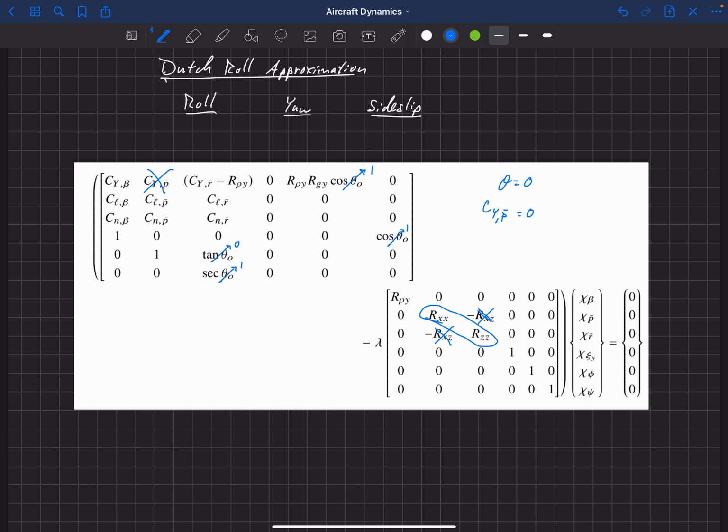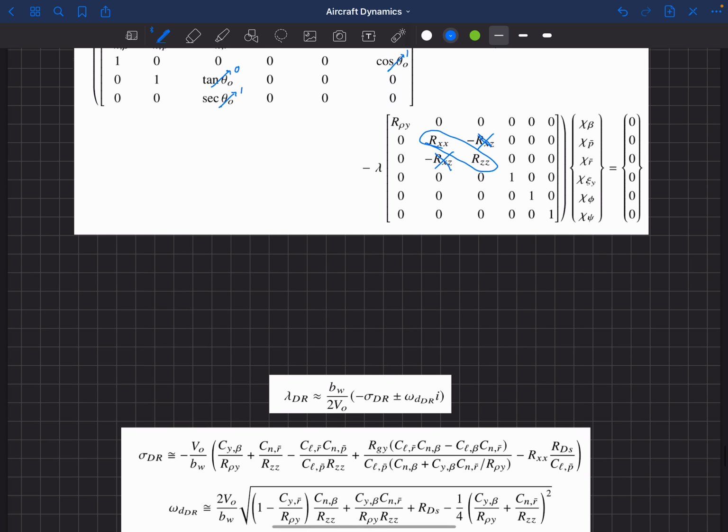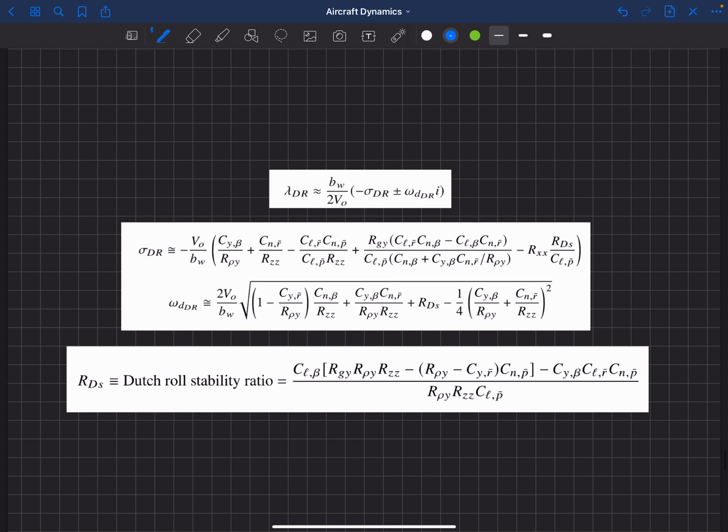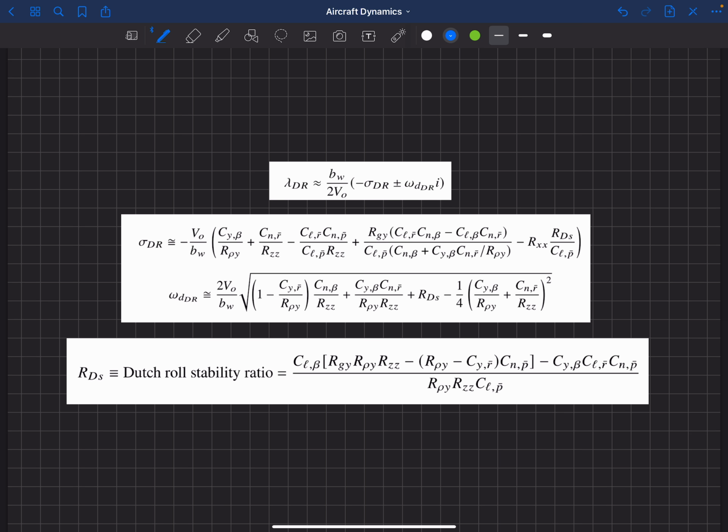Again, I'm not going to go through his development. It's rather involved, but I've rewritten his solution in my own form here. He has it in a slightly different form, but I've rearranged it and put it into this form here. So this top term here is the dimensionless eigenvalues.